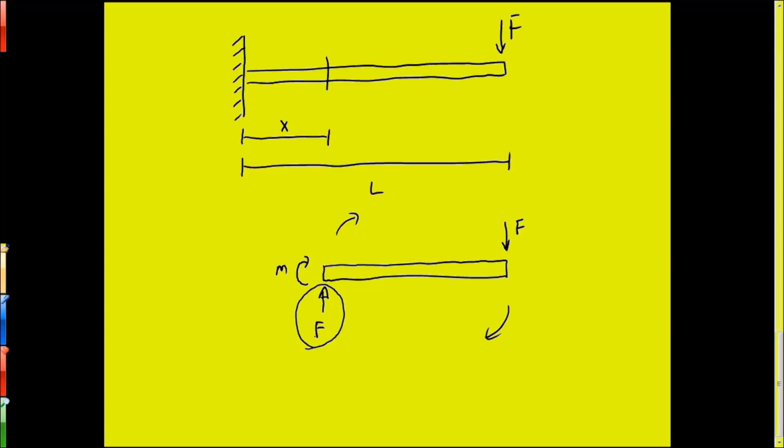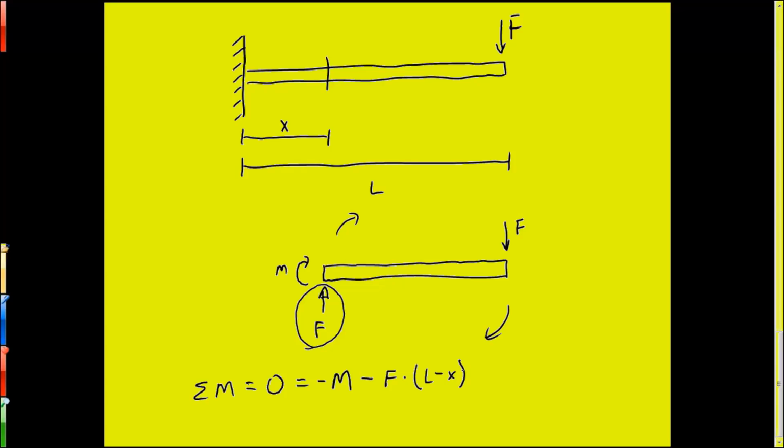So if that's the case, all we need to do is solve for the moment at this cut face, and we can write that by knowing that for static equilibrium, the sum of the moments has to be 0, and that's equal to minus M, as we've drawn it here, minus F, the applied force, times the moment arm that force is acting on, which is L minus X.